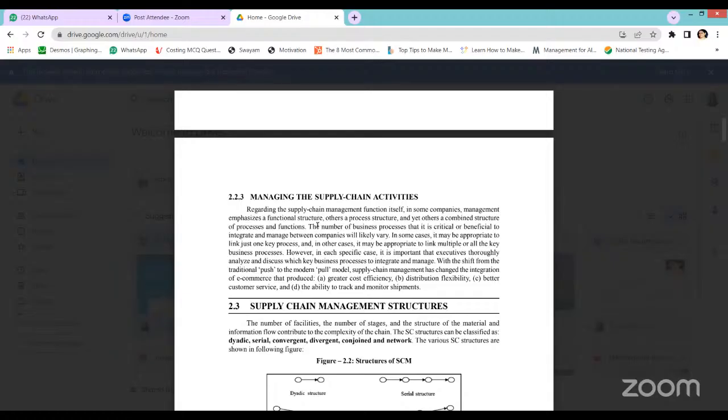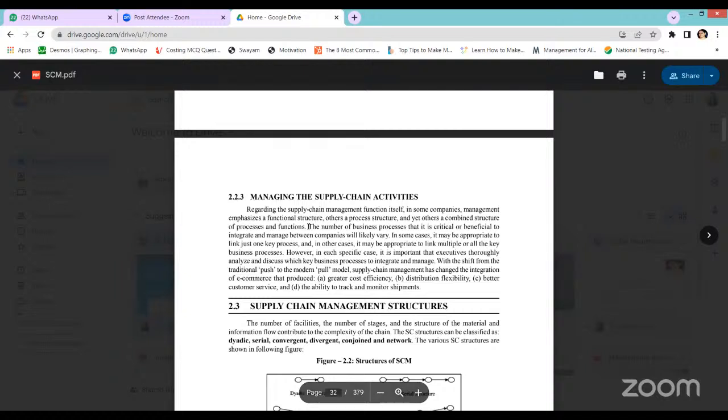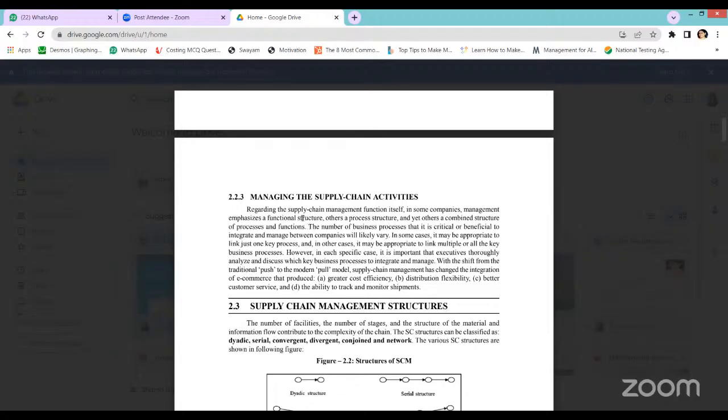The number of business processes that are critical and beneficial to integrate and manage between companies differs. Whether you follow a process-based or function-based structure, how much benefit it gives by integrating differs from organization to organization.